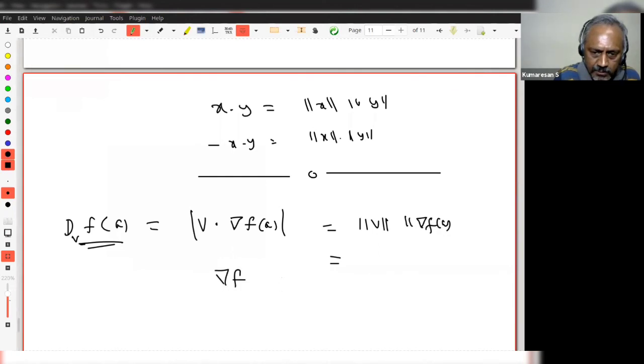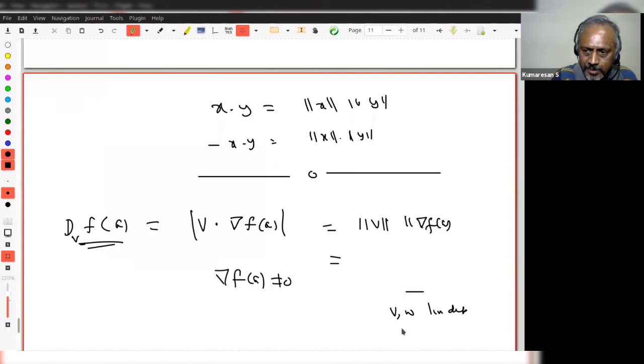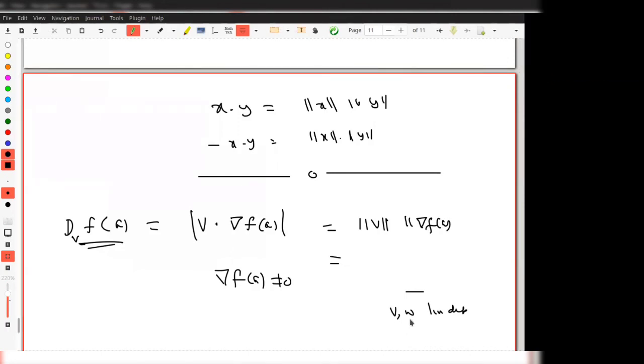Now assume the gradient is not 0. Let me first do this linear algebra. Suppose V and W are linearly dependent. This means one is a scalar multiple of the other. But if both are non-zero, then each is a scalar multiple of the other.